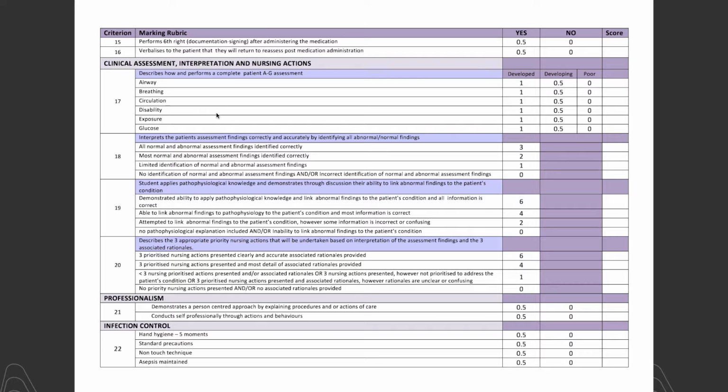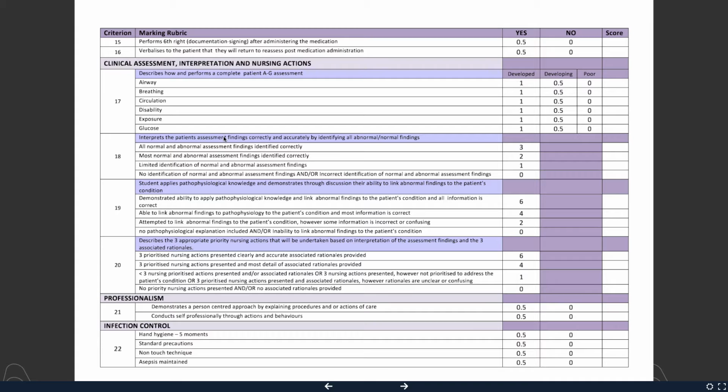Get in the habit of talking out loud and describing what you see. You might want to practice with each other, describing what you would see if you were looking out your window at home. These are all good tips and tools that you can use over the next week to really build up your skill at talking comfortably out loud to describe what you're thinking and also to describe your actions.